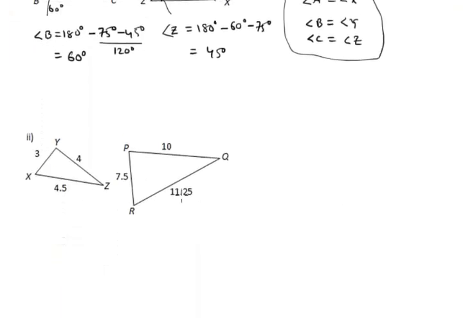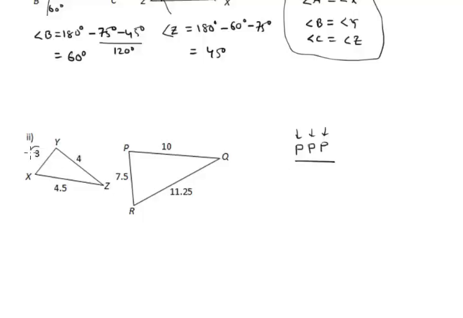Let us do the second example. Here the lengths of three arms are given. So here we need to try the PPP condition, that means the proportion between the three arms has to be the same. So how will we do that?